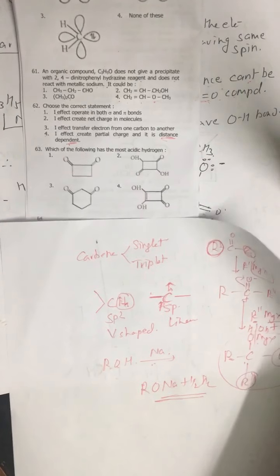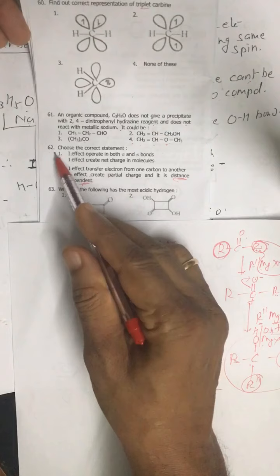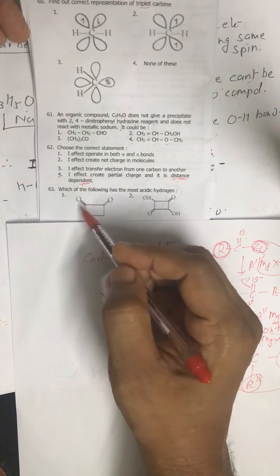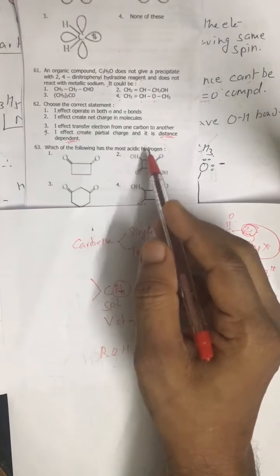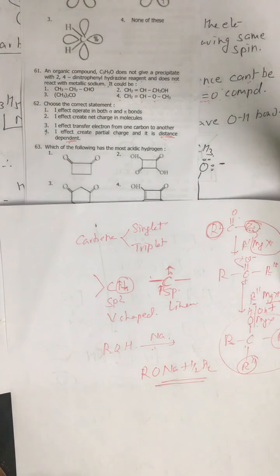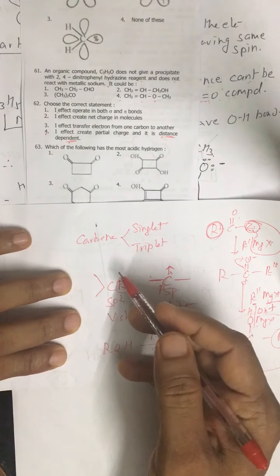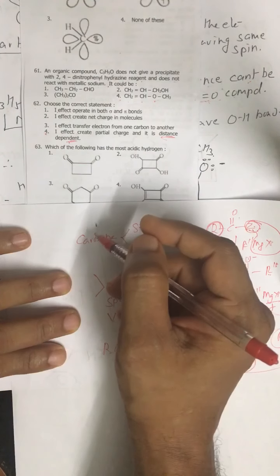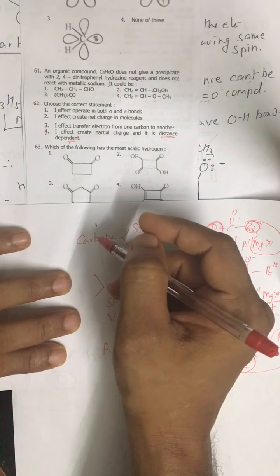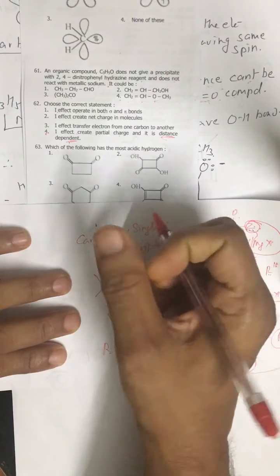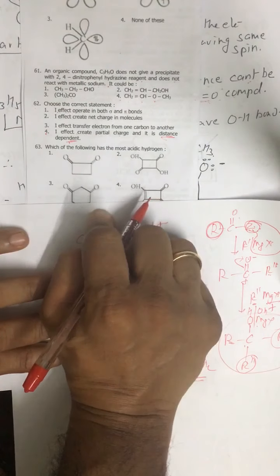Question number 63. The correct answer of 62 is the fourth option. 63, which has the most acidic hydrogen. For any compound which shows acidic behavior, you must remember that after the donation of H positive, the species formed should be highly stable, so that it does not take back that H positive which is donated from the compound.